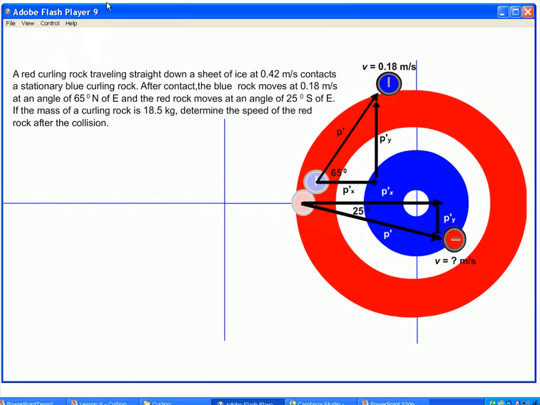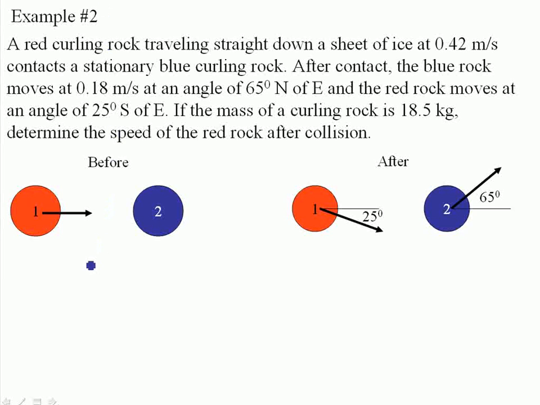Okay, so in the diagram here, what I've set up is our before and after, and what we're going to do is label all our information. First of all, we know the mass of the rock is 18.5, so let's label each mass 18.5 kilograms.